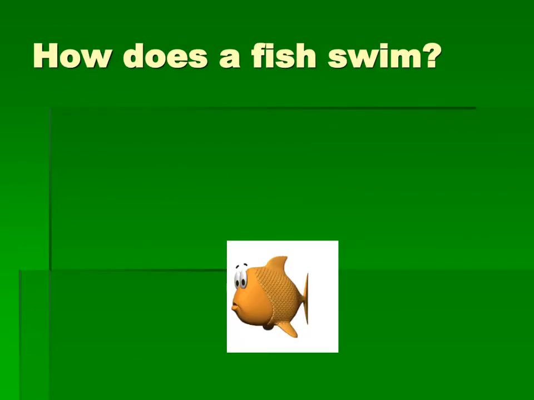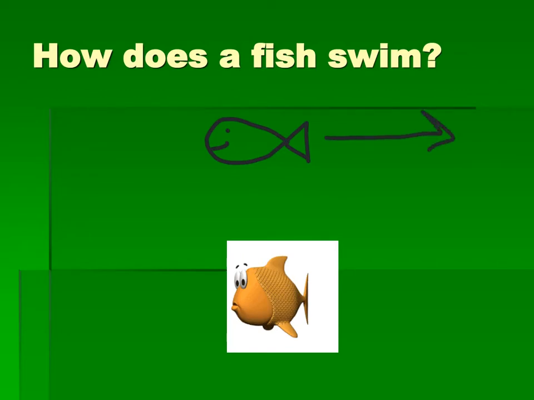And Newton's third law is a perfect example of how a fish swims. For every action there is an equal and opposite reaction. So the way that a fish swims, and I'm going to draw my very elaborate goldfish here and give him a little smiley face, is that when he moves his tail, he is pushing the water backward.